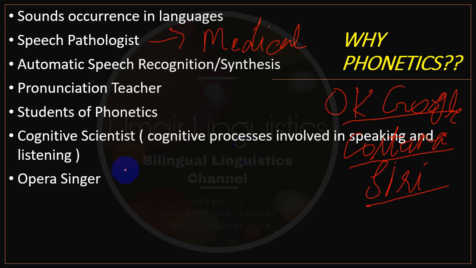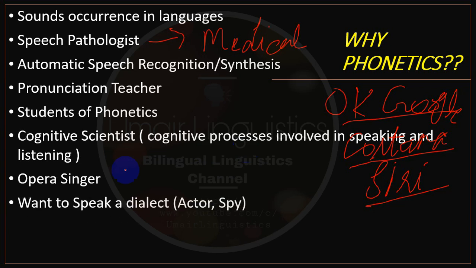Then opera singer. You may be a singer and you have difficulty in pronouncing some sounds. So even then you need the help of a phonetician. You want to speak a special dialect.